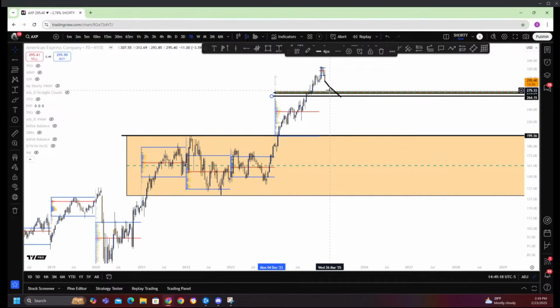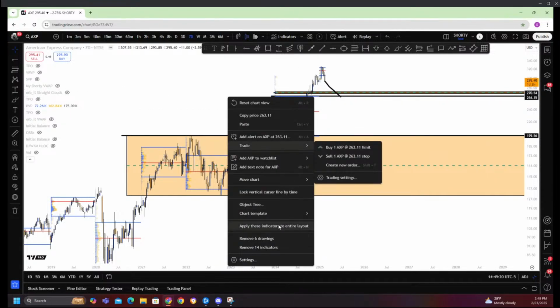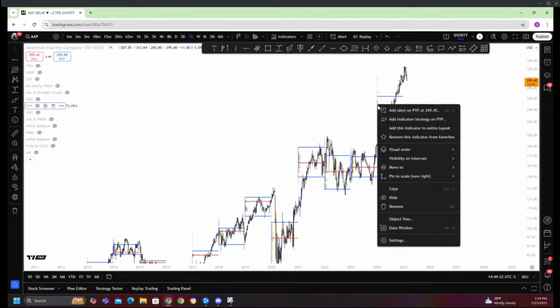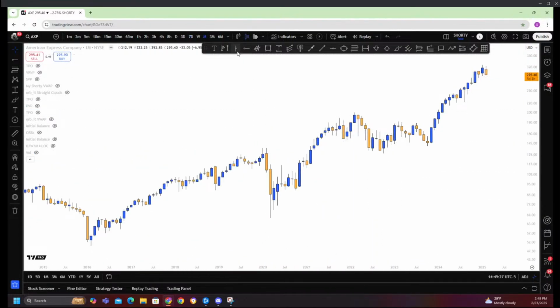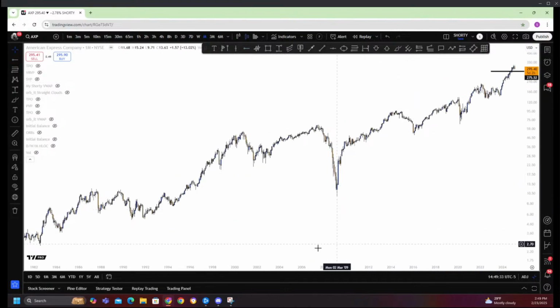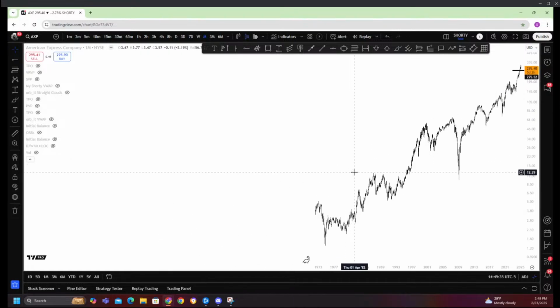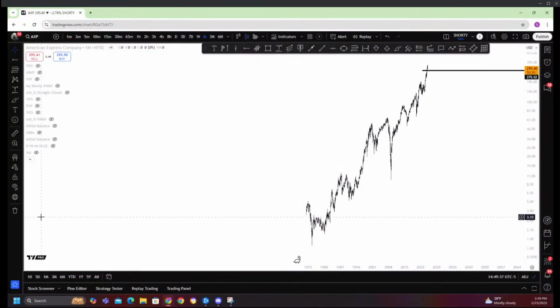Personally, I would not. Let's remove everything off the chart. Let's say your significant other tells you she wants to buy the stock right here at the black line. What do you say? You want to buy it here? No. You do not want to buy here.